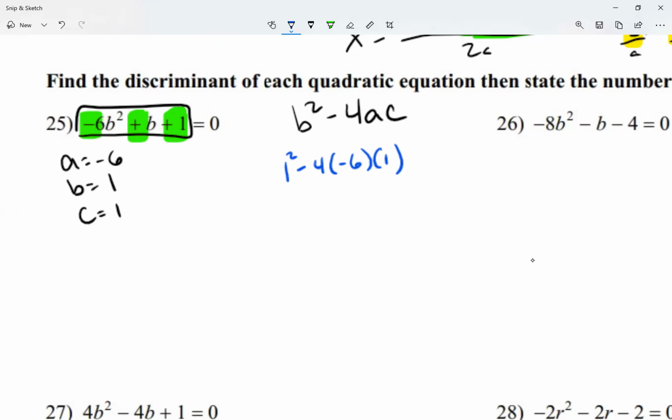Okay, so I'm going to do a couple of things. The first thing I'm going to do is the exponent by itself. 1 squared, 1 times 1, that's 1.